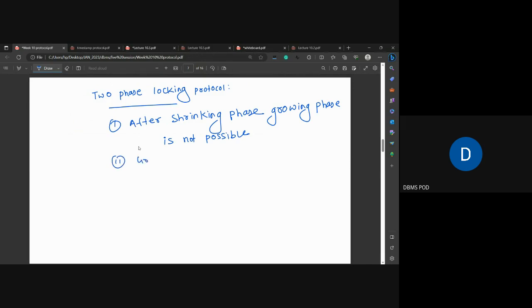The growing phase is compulsory, but the shrinking phase is optional.